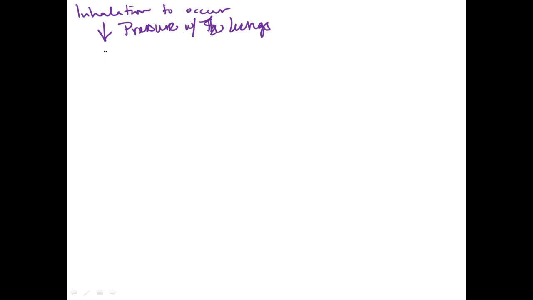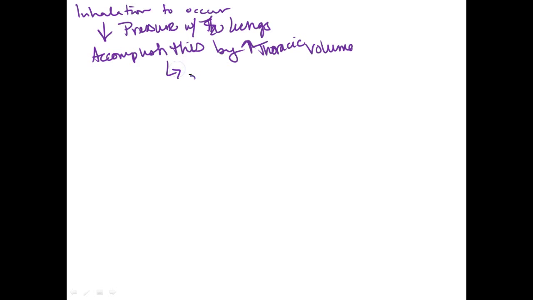We do that by increasing lung volume. Not lung volume, but thoracic volume. So we do this by dropping our diaphragm primarily, and lifting ribs.